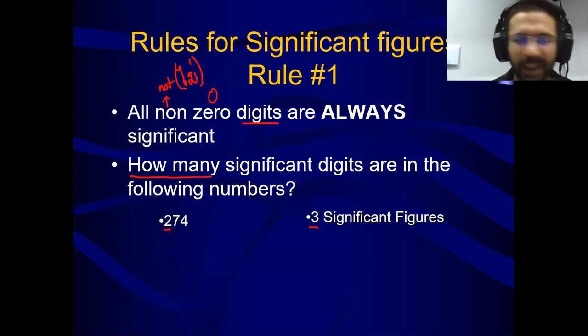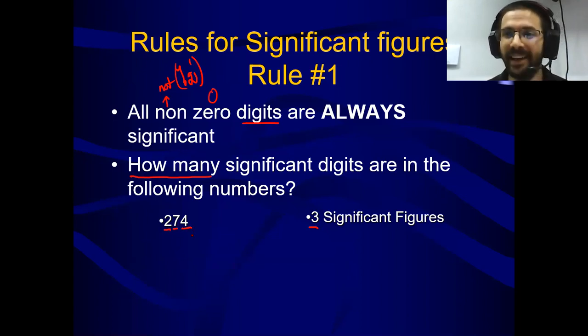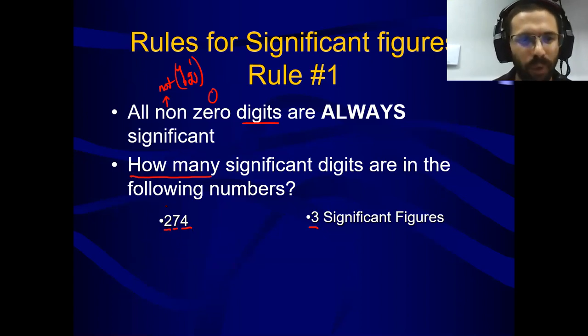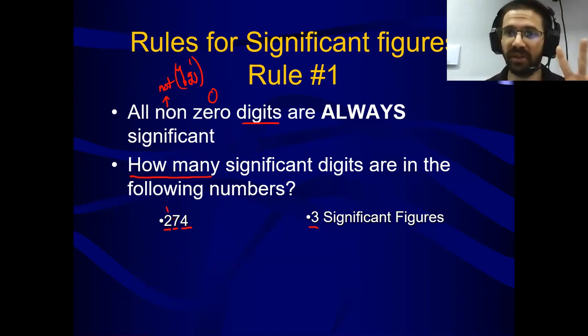Because 2 is a non-zero number, 7 is a non-zero digit, and 4 is a non-zero digit, right? So we have 1 digit, 2 digits, and 3 digits. So we have 3 sig figs, or significant figures.